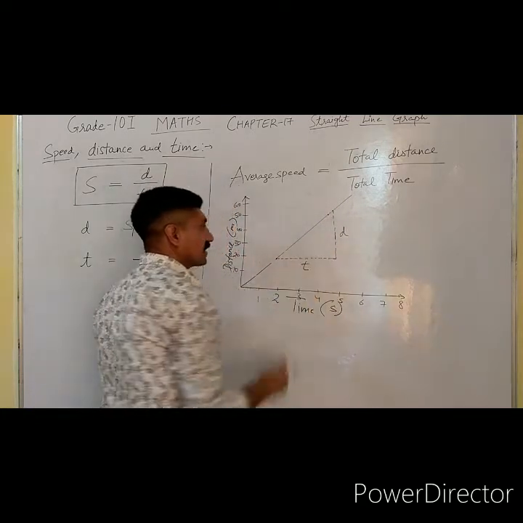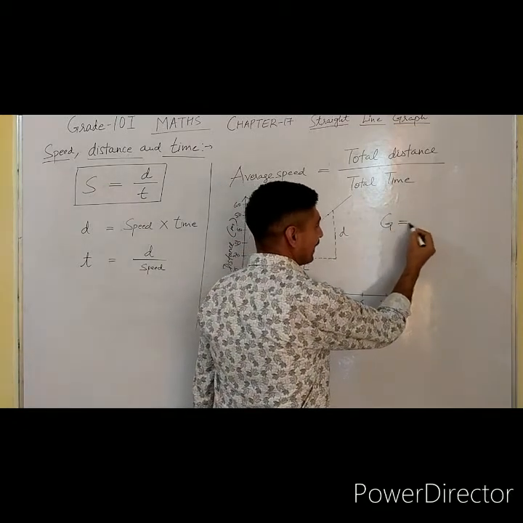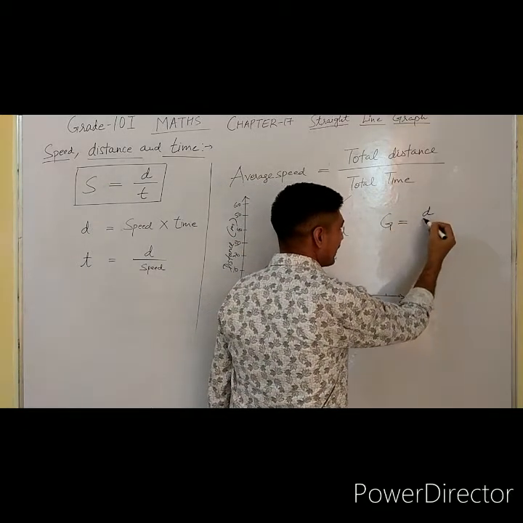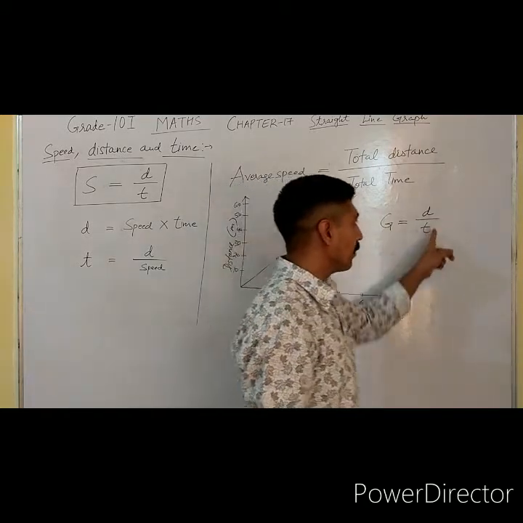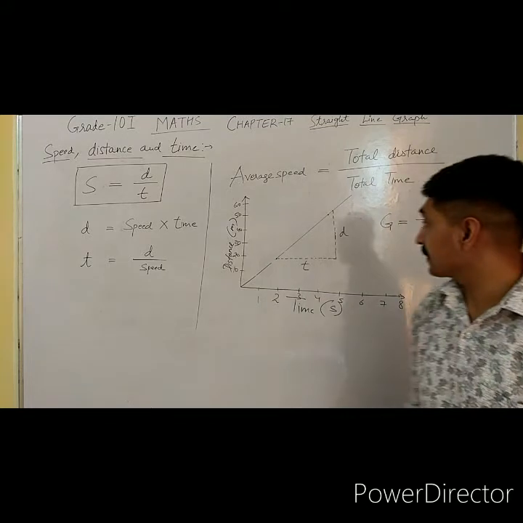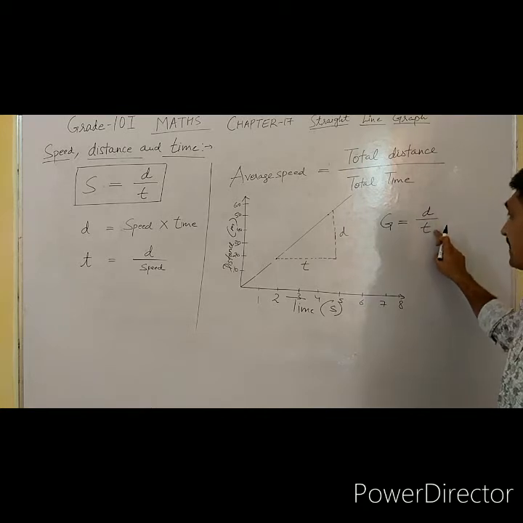The slope or gradient of the line is defined as d upon t, that is distance traveled upon time taken. Here distance is in meters and time is in seconds.